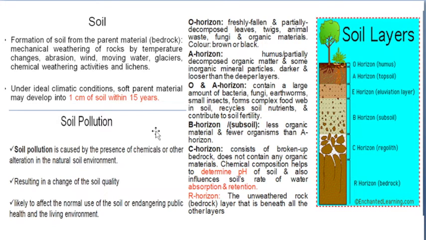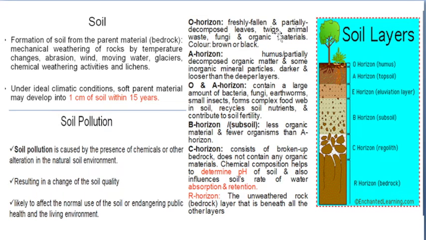Under ideal climatic conditions, soft parent materials may develop into 1 centimeter of soil within 15 years. So from this we know that to develop 1 centimeter of soil, it takes at least 15 years.